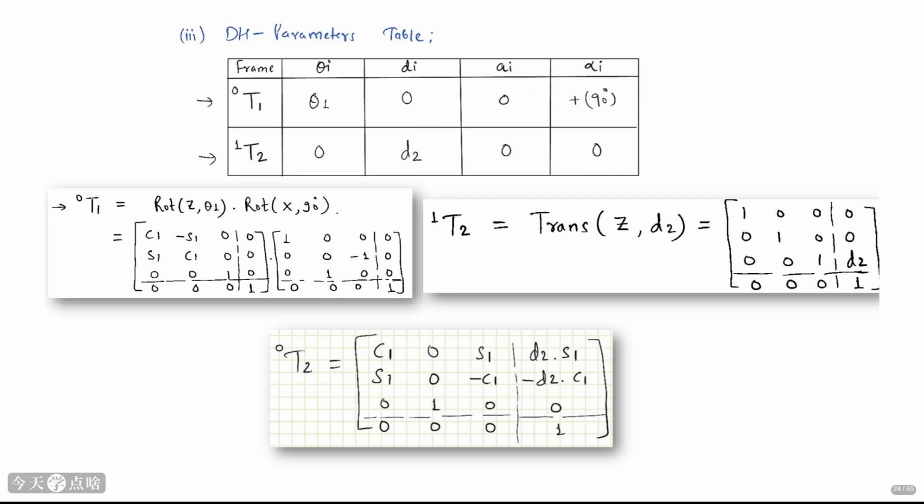The formula for 0T1 is shown, involving Rot of z, theta 1, and Rot of x, 90 degrees. The transformation matrix 1T2 is simply a translation along the z-axis, given by Trans of z, d2. The composite transformation 0T2 is the product of 0T1 and 1T2. The resulting matrix structure is shown, showing how the joint angle theta 1 and the joint displacement d2 affect the end effector's position and orientation.